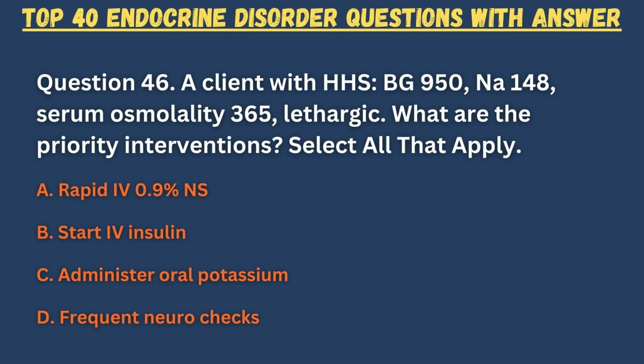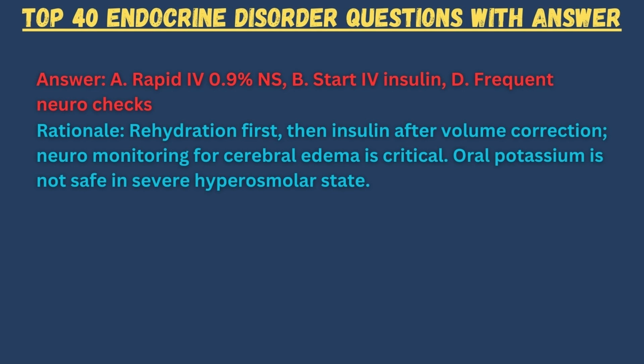D. Frequent neurochecks. Answer. A. Rapid IV 0.9% NS. B. Start IV insulin. D. Frequent neurochecks. Rationale. Rehydration first, then insulin after volume correction. Neuromonitoring for cerebral edema is critical. Oral potassium is not safe in severe hyperosmolar state.